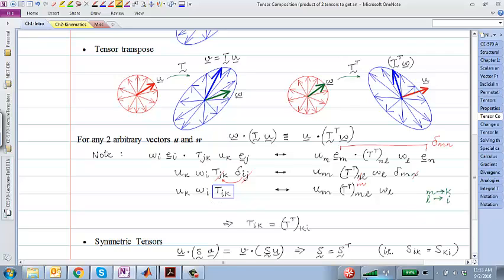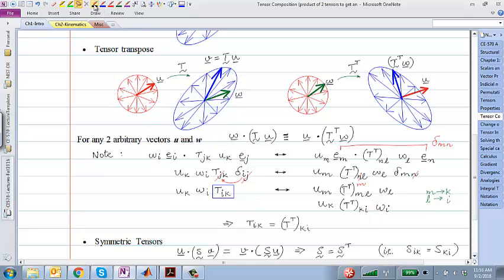Well, that's the only thing. So if I do that, I get u_k T transpose_ki and w_i, right? So I can see that u_k matches, w_i is there, and what I'm left with is T_ik versus T transpose_ki.